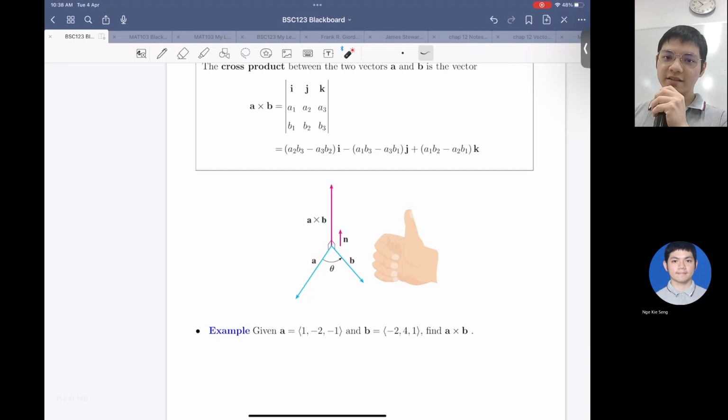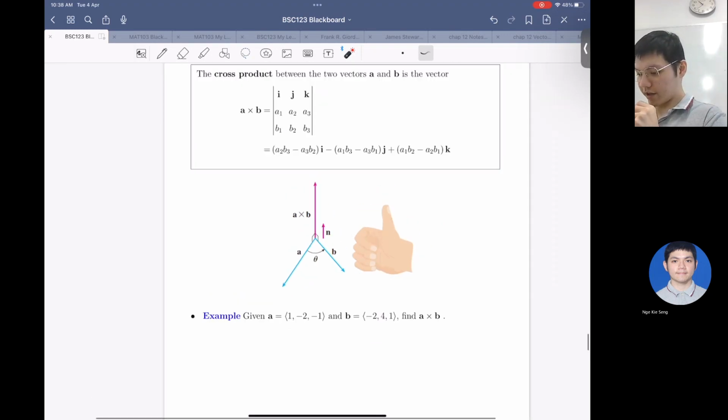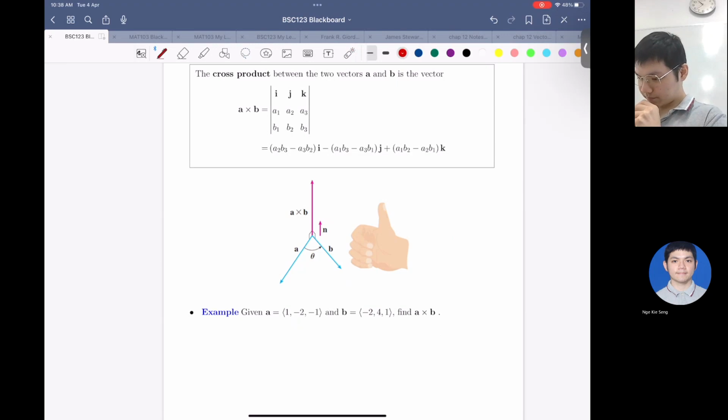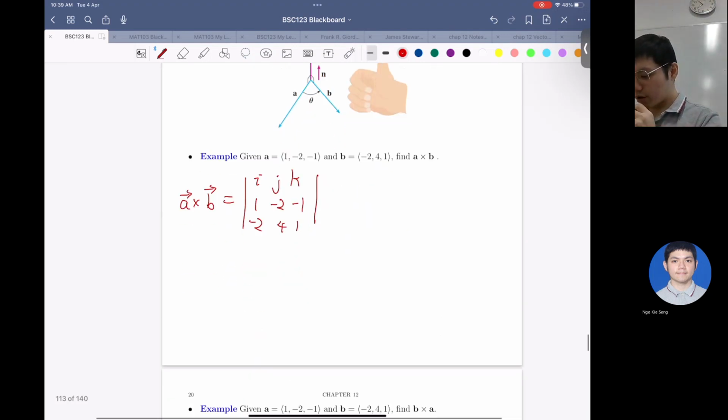How about do this exercise here? Try and do this exercise here. See if you can use this formula. Okay. Because this is a skill that you need later. Okay, so set out the 3 by 3 matrix first, and then compute the cofactor expansion. There are two things I want you to compute.